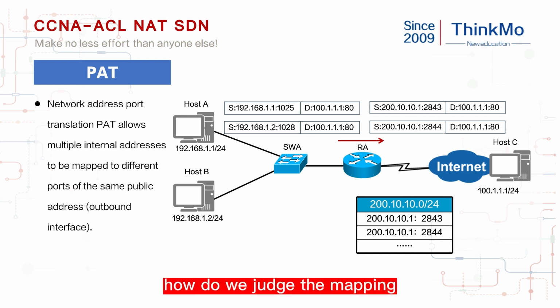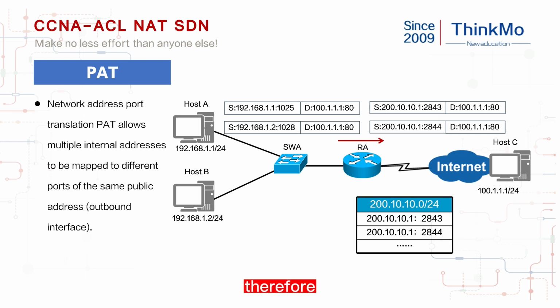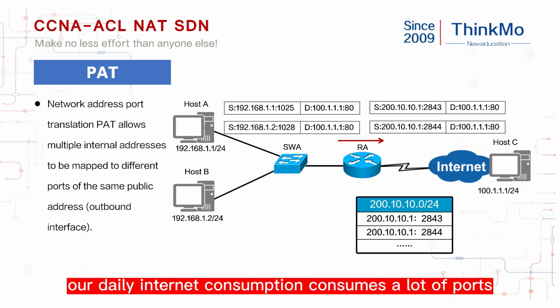How do we judge the mapping? As long as the device wants to access a public network address and the port is different, it will have a piece of data going out. When the data is sent out, a mapping will be generated. Therefore, our daily internet use consumes a lot of ports.